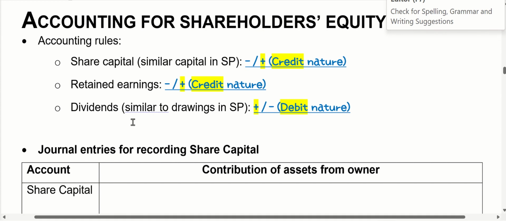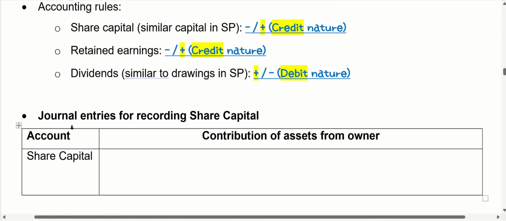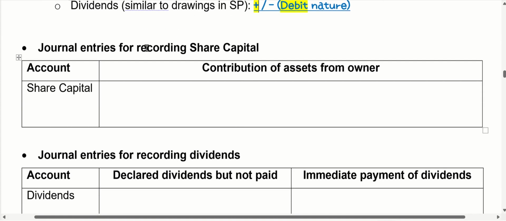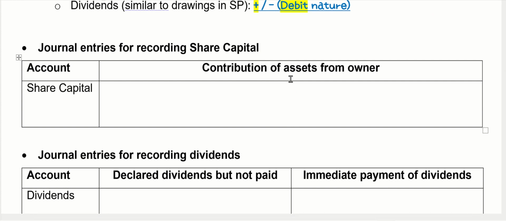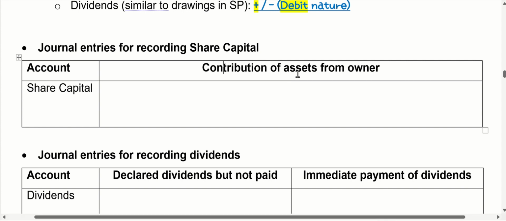What we're going to do next is look at journal entries for recording share capital. Now, what is share capital? Like just now I explained to you, if you need more money, you go to your shareholders and say, hey, I'm going to sell more shares. Can you give me your cash? So basically the shareholders, who are the owners of the business, contribute their assets to you.